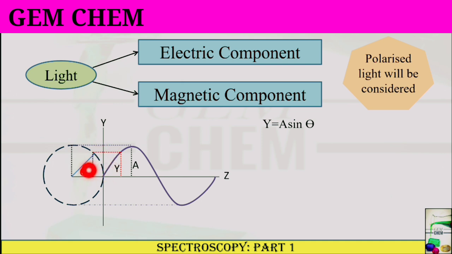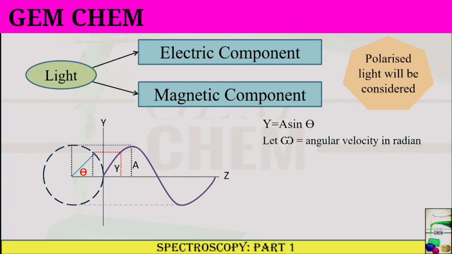This y makes an angle theta with the radius, as a result of which we get y by a equals sin theta, and from there we can get y equals a sin theta. So from here, this is the direction of amplitude and this side is the direction of electric field.